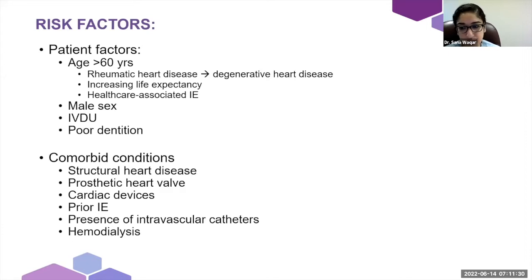Cardiac devices such as pacemakers or ICDs. Prior history of endocarditis, and the concept is the same: it is going to render the endothelium of the heart valve damaged or unsmooth, putting patients at risk for further episodes. Presence of intravascular catheters and hemodialysis. Again, these two put the patient at risk for transient bacteremias.